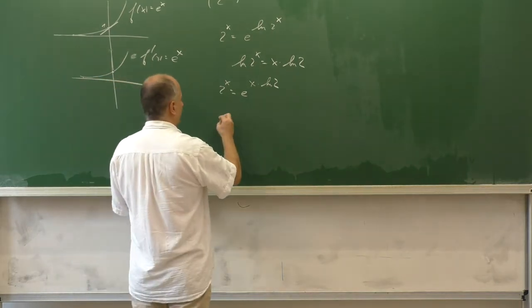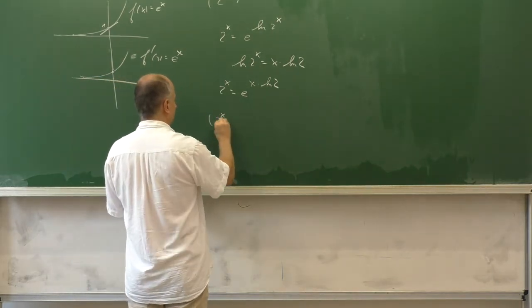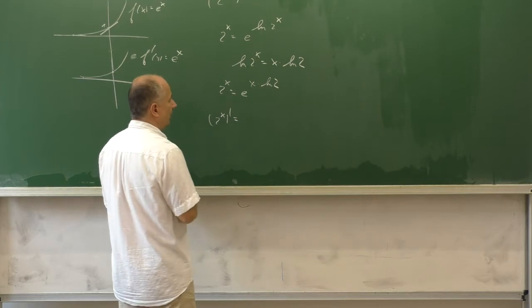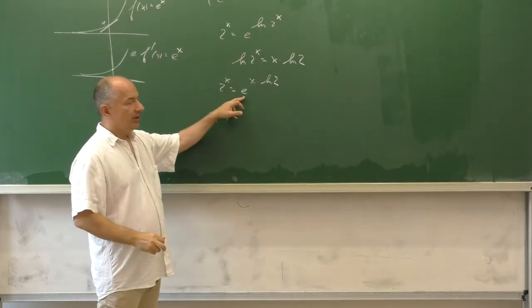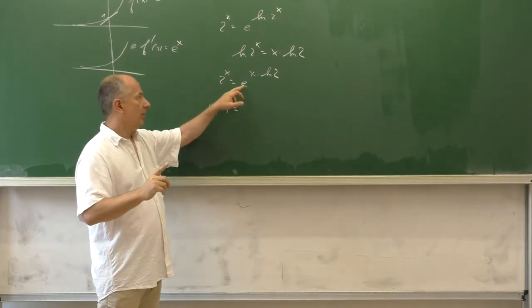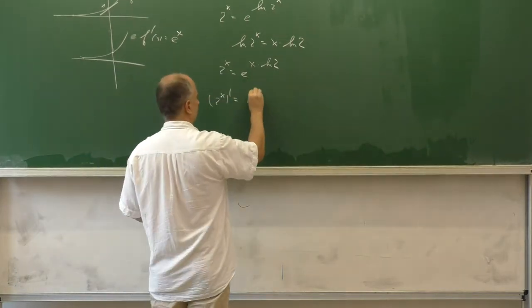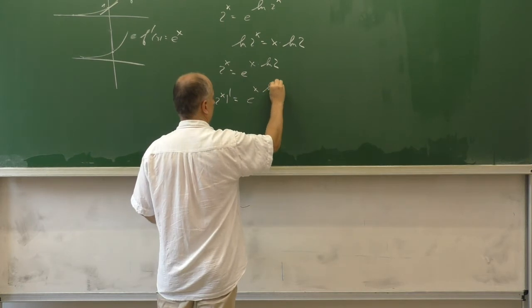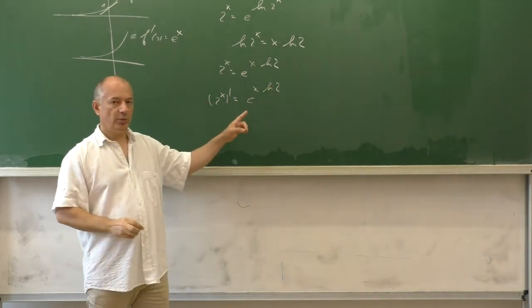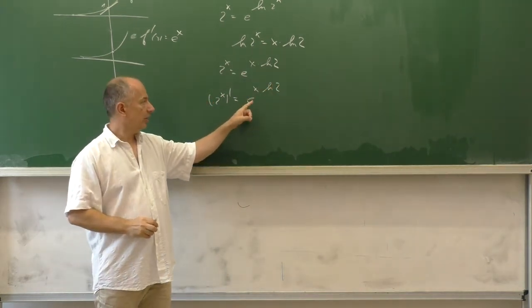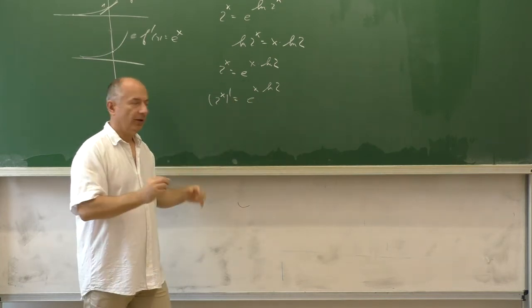And the derivative is the derivative of the exponential function with the base e, which is here, is the function itself. But this is a composed function, so we must multiply by the derivative of the inner function.